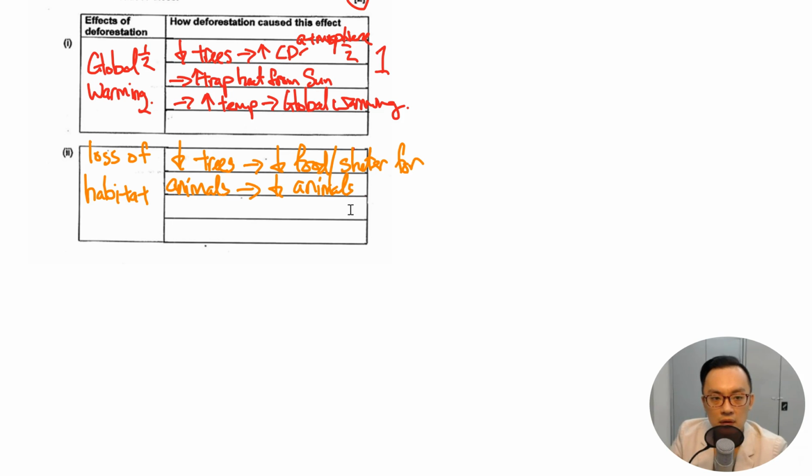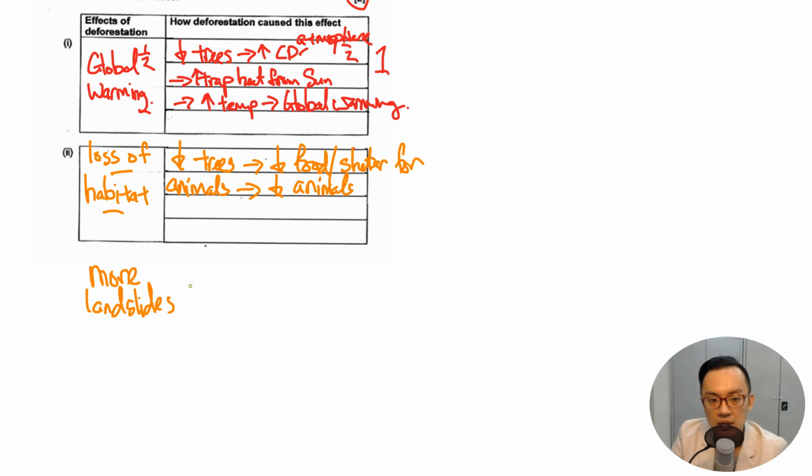Okay, so this one is called loss of habitat. Basically, the habitat means the places that animals and plants stay. So we have fewer trees, you have less food and shelter for animals, and therefore you have fewer animals in the ecology.